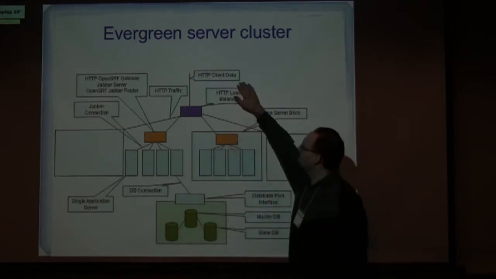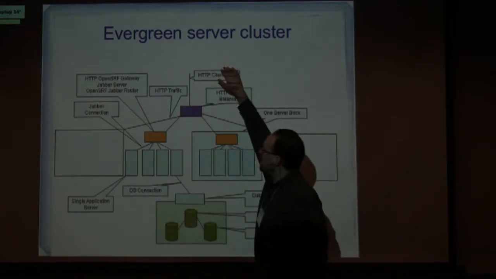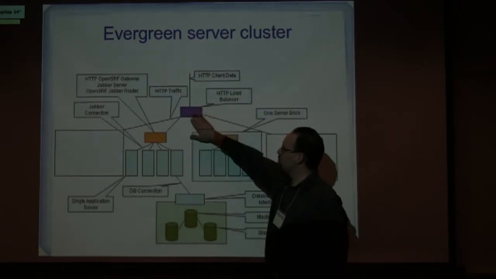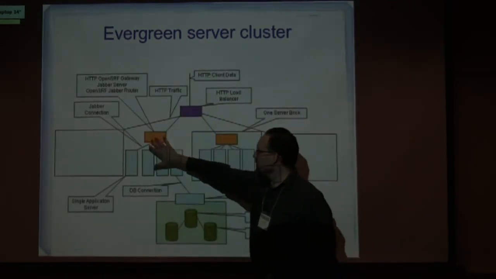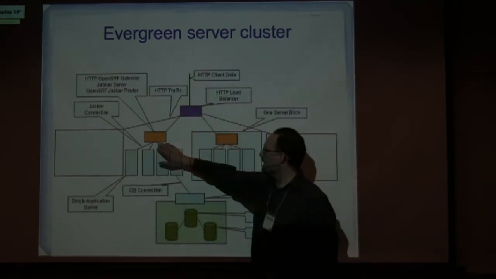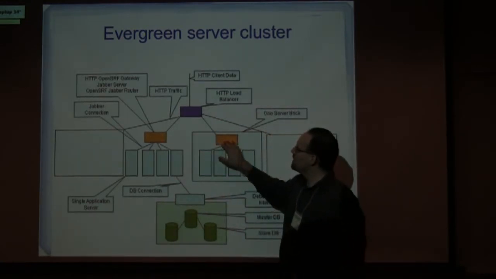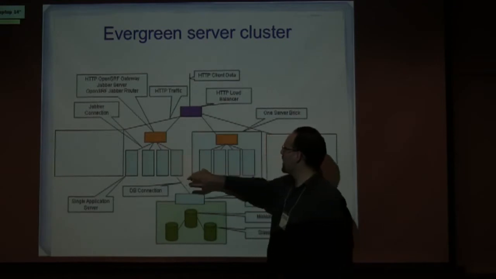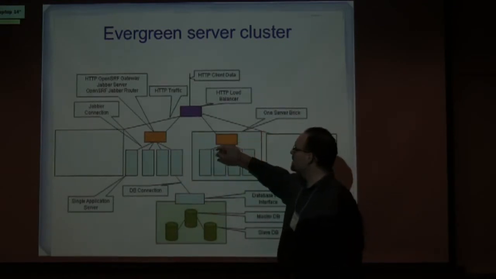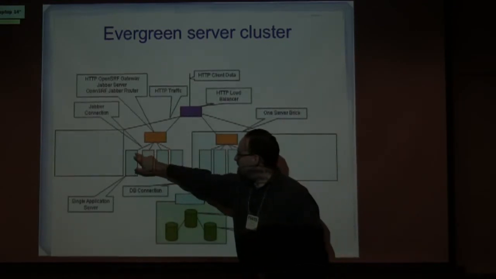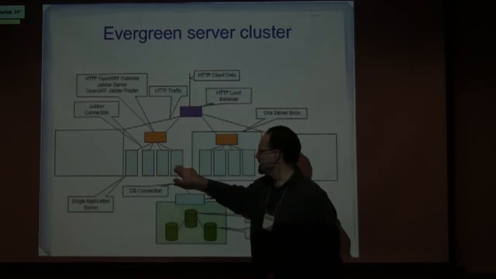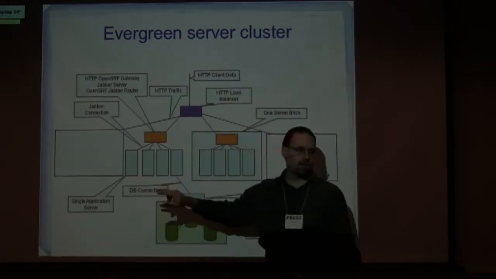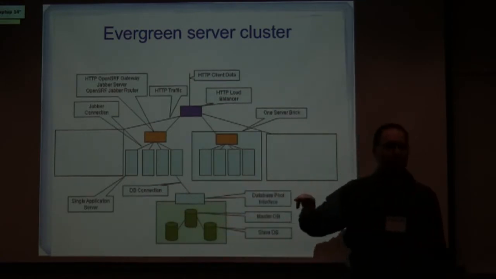The idea is that you'll have your big web cloud out here, which will hit probably a router of some kind. You have your clusters of servers. This will probably have Apache, the Jabber router that talks to the Jabber server. All of these little beasties are your application servers, so these can be physical boxes attached to it that are running any number of OpenSRF applications.